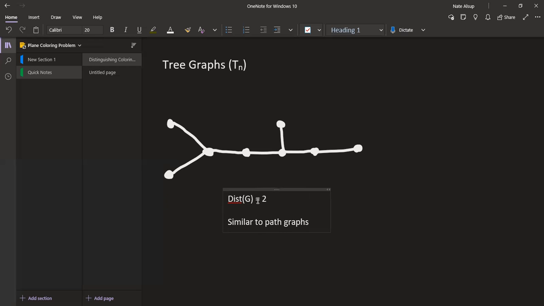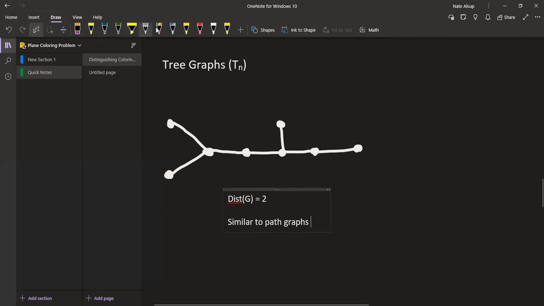And what's the difference from a path graph? Well, actually, I forgot to color in the last little tidbit that makes it different. Okay, and we're going to color that vertex.